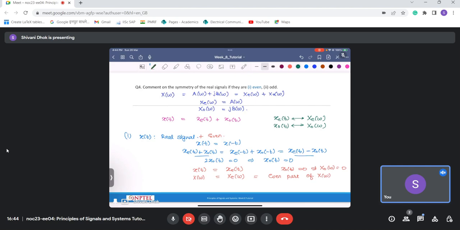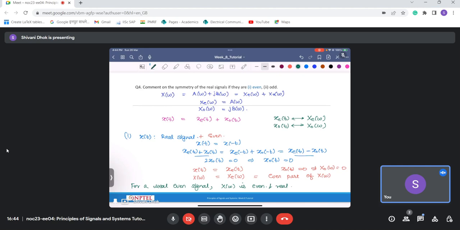This means that for a real even signal, X of omega is also even and real.